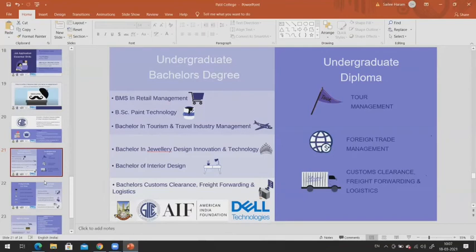So we have a lot of undergraduate and bachelor's degrees as well as undergraduate diplomas for tour manager, customs clearance, bachelor's in jewelry designing, innovation and technology. We also have post-graduation, which is part-time and full-time. Next slide, please. We have a lot of courses in that as well.